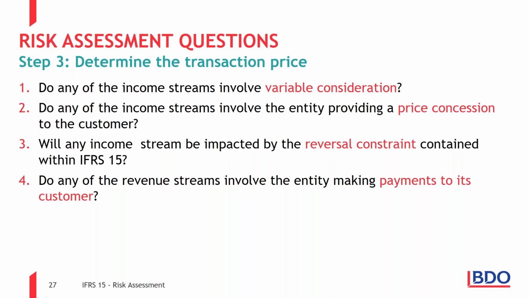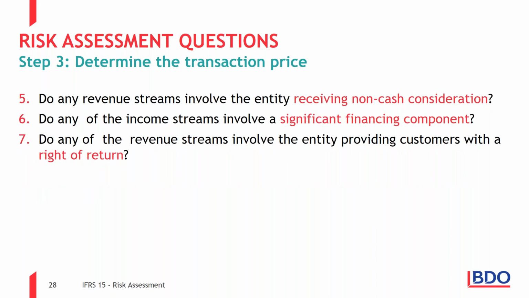Or am I making a payment that's related to this revenue? And we have to consider a number of things. I'm just trying to identify here, or help you identify, which aspects you should investigate further. Maybe there's a few ones that you say, oh no, definitely we don't have it, but let's consider, because your auditor will ask you these questions anyway.